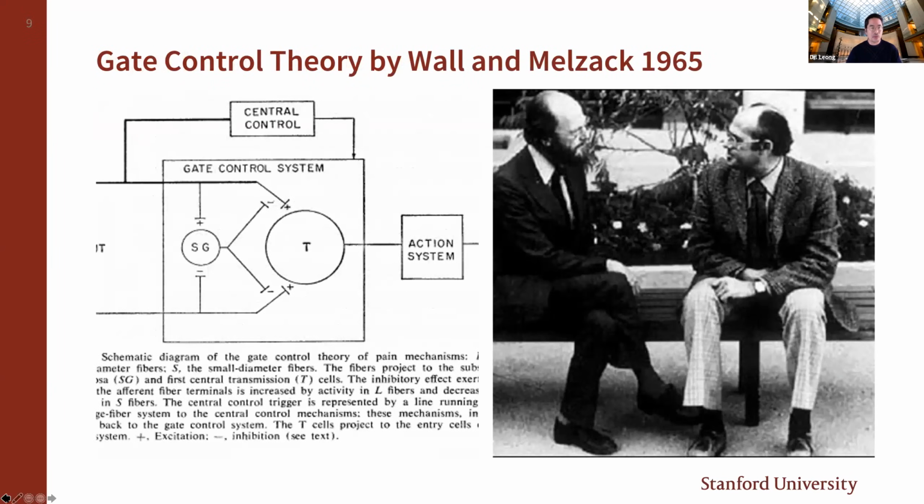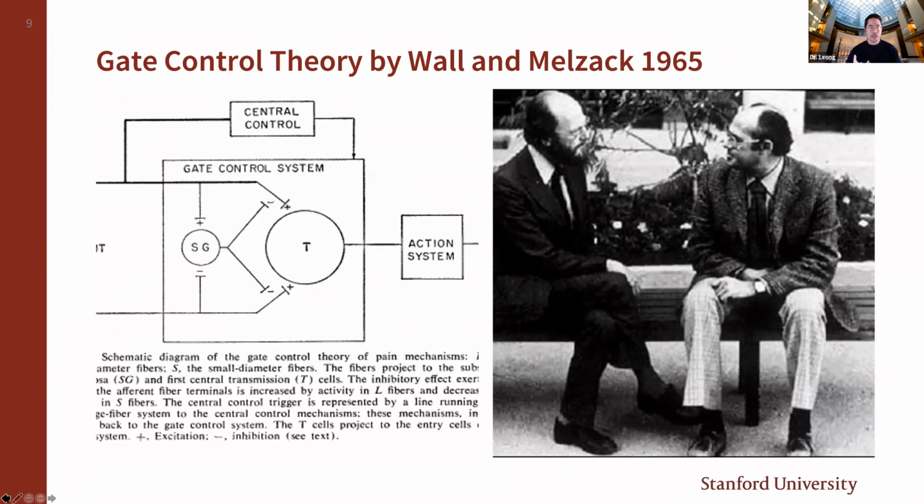Now, this is probably a slide that you guys have seen multiple times. The only reason I bring it back is just to make sure that everyone understands that a lot of the surface stimulation that we have, TENS units and things that are going to come up in this talk, go back to this gate-controlled theory. It's basically two Canadians that drew out a signal pathway on a napkin.